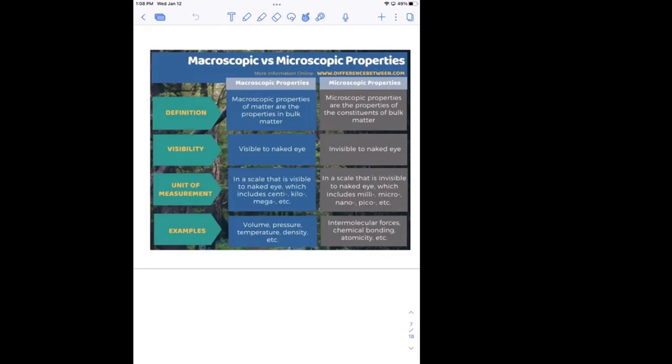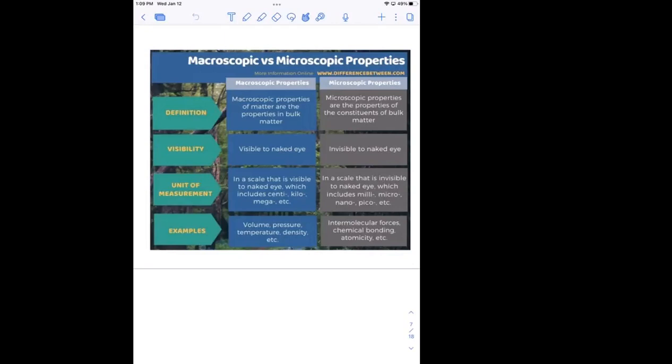Macro properties are like volume, pressure, temperature, density, and then micro properties are like bonding and molecular structure, the electron configuration. Those are all micro properties, things that you can't see with the naked eye.